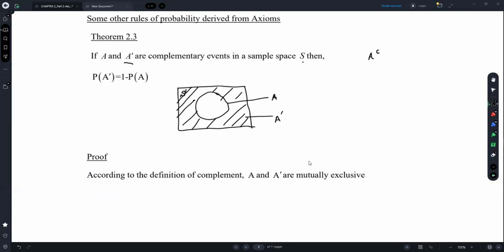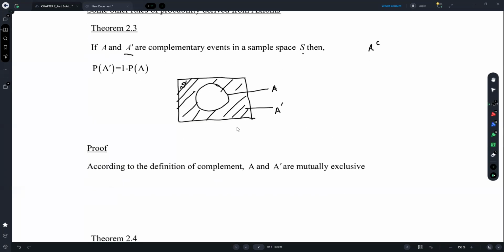So outside A. Now, if you look at this Venn diagram, you can see that A and A's complement are mutually exclusive. What does that mean? Mutually exclusive means there are no overlaps, right? Nothing common. And if you combine these two events together, you get the whole sample space, right?